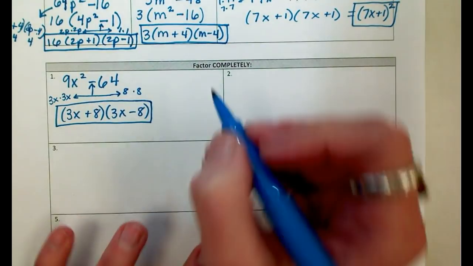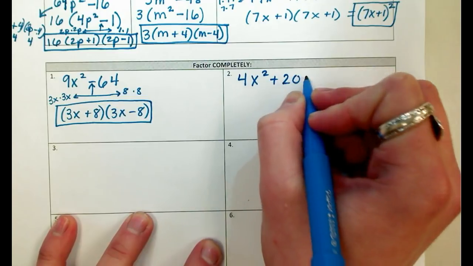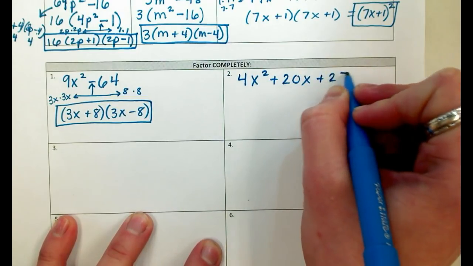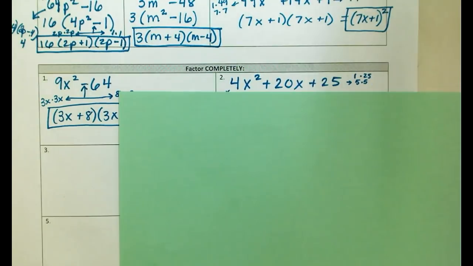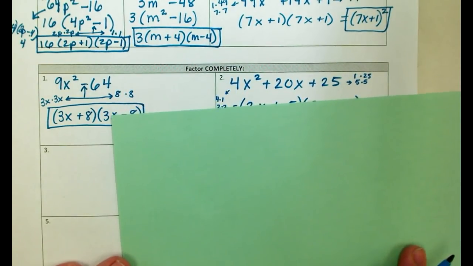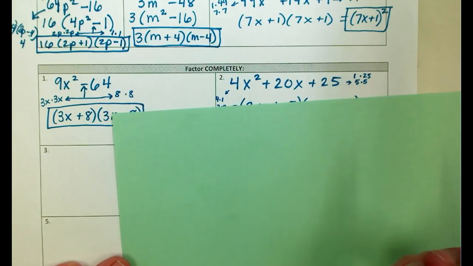Okay, number 2. 4x squared plus 20x plus 25. Pause the video and try this one out. Okay, for this one, I listed my options. 4 was 4 times 1 and 2 times 2. 25 was 1 times 25 or 5 times 5.